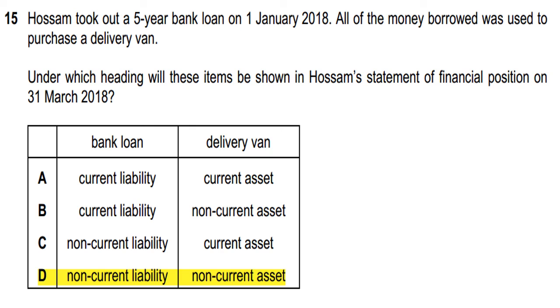Bank loan will be non-current liability, because a non-current liability is when we take the loan for more than 1 year. It is a 5-year loan, so it will be non-current liability. And delivery van is non-current asset.